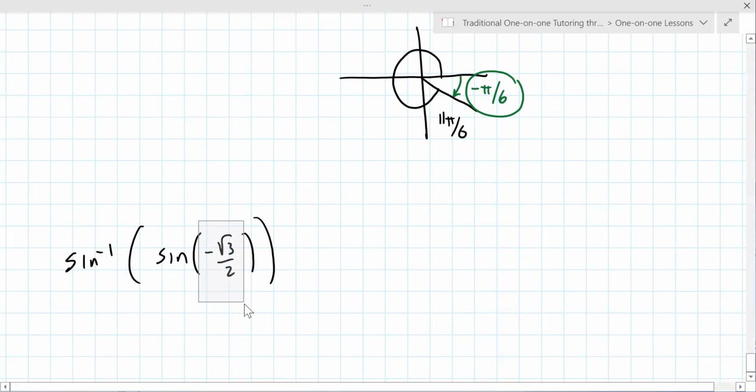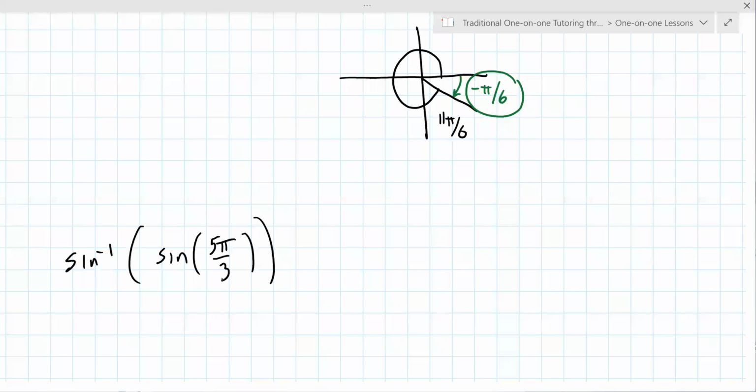Sorry, this is wrong. I'm so sorry. It would be negative root 3 over 2.